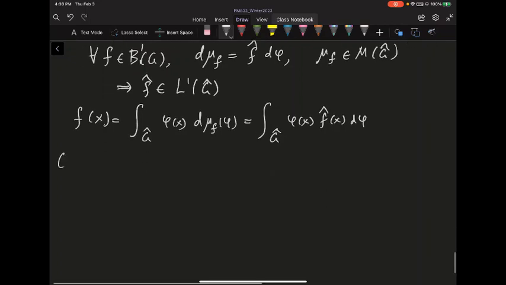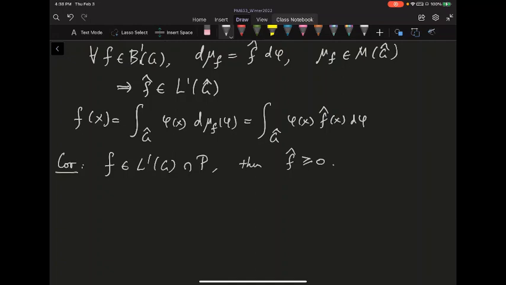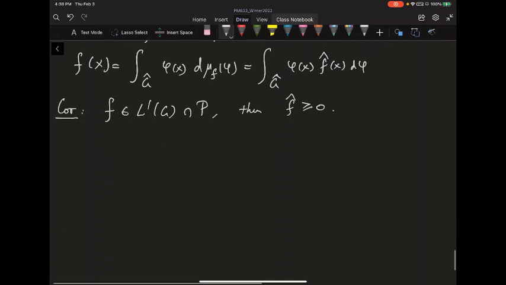So as just a quick corollary before we go into some examples, if your function is inside L1 of G, but intersect not only inside B, but also inside P, then actually your Fourier transform is going to be greater than or equal to 0, okay? In other words, if you have something that's positive definite and an L1 function, then your Fourier transform is greater than or equal to 0.